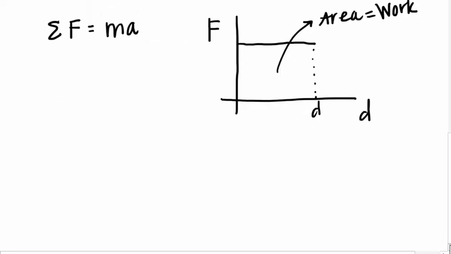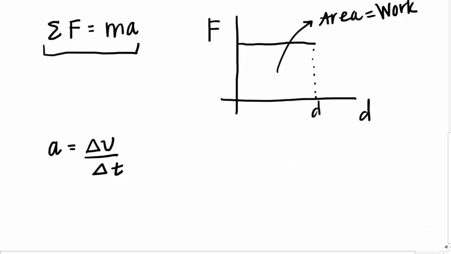Now, let's look at this F is equal to ma a little more in depth. So, how do you find acceleration? By definition, it's the what? Change in velocity over change in time.